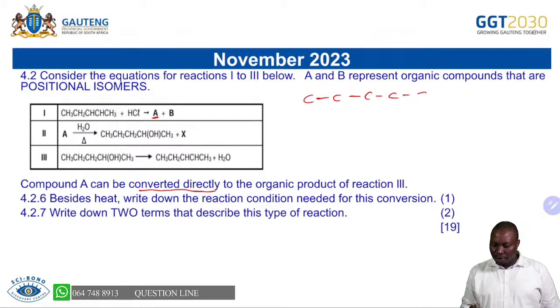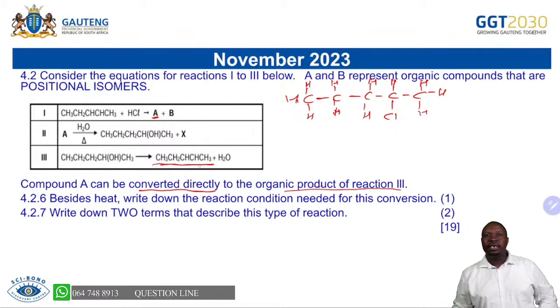Let me write it here so that you remember this is compound A. So they are saying compound A can be converted directly to the product of compound 3, to that product directly. Compound A, 2-chloropentane, can be converted to but-2-ene. So they are saying that can happen.